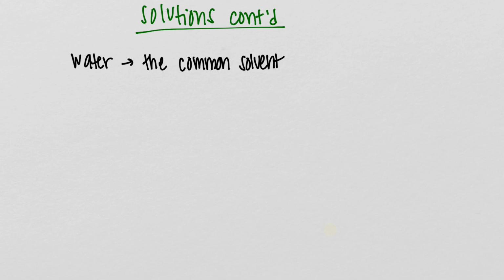We see it in a lot of real life situations. So we have our water molecule. We have our oxygen, and then we have our hydrogens here. It's a bent shape, just a little review there.